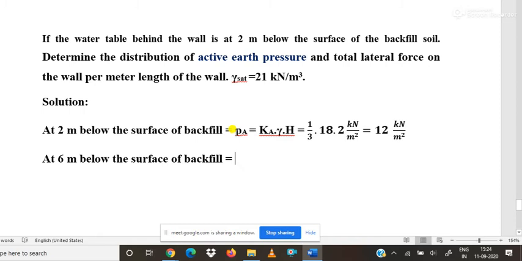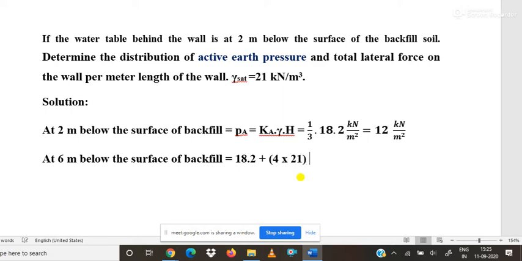Here the total vertical stress or vertical pressure, gamma h, is calculated as 18 multiplied by 2 for the first layer where the water table is not there, plus 4 multiplied by 21.